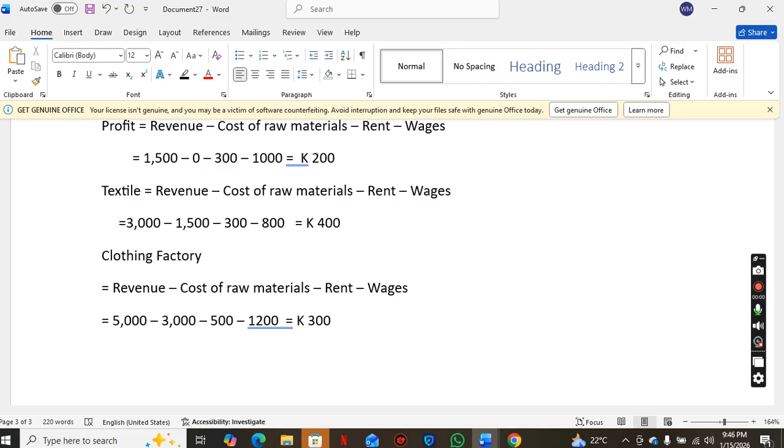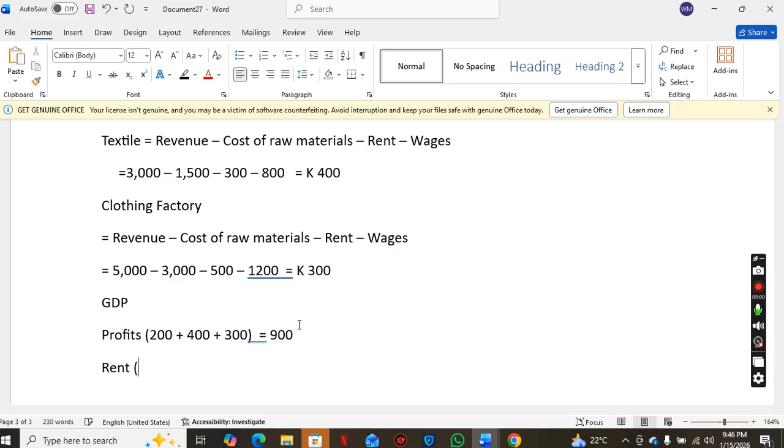So GDP, profits first: 200 plus 400 plus 300, we get 900.